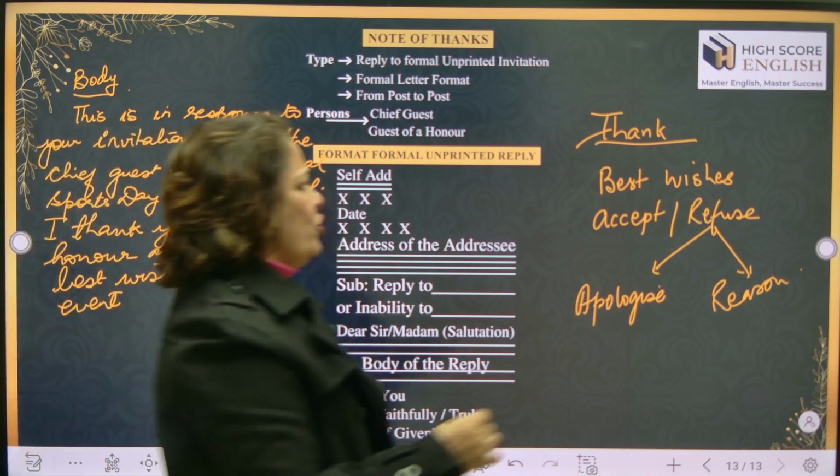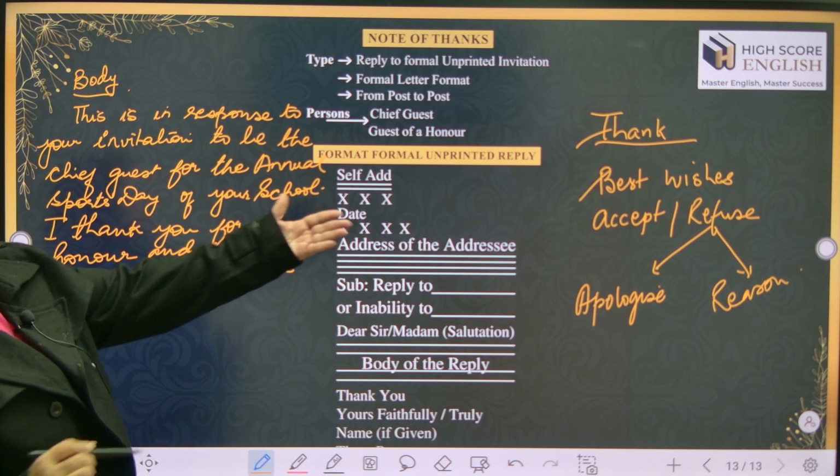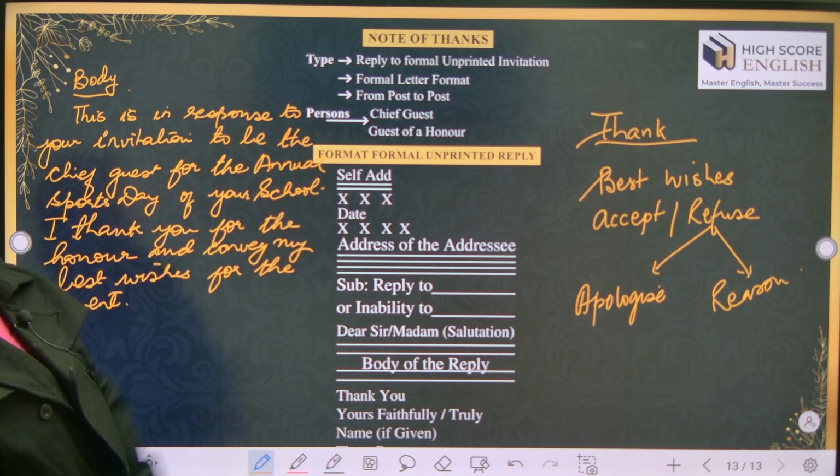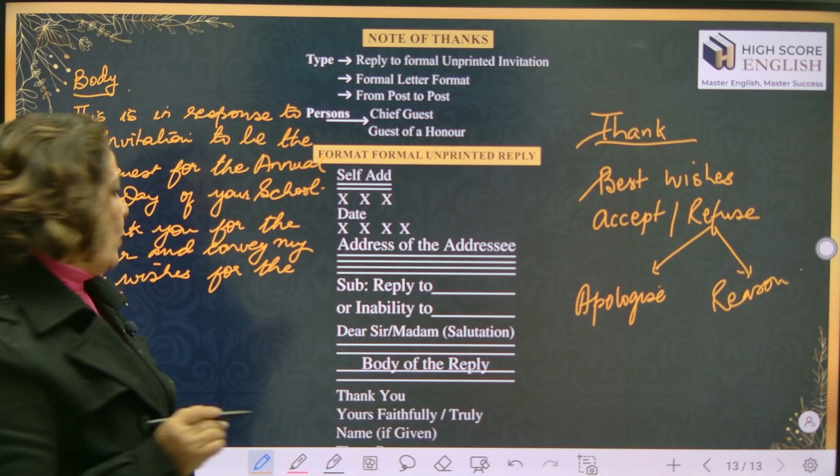Don't beat around the bush at all. Convey your best wishes. Now, generally it is inability only that comes in the exam. So I'm writing that example only. I'm not writing anything else. Okay.